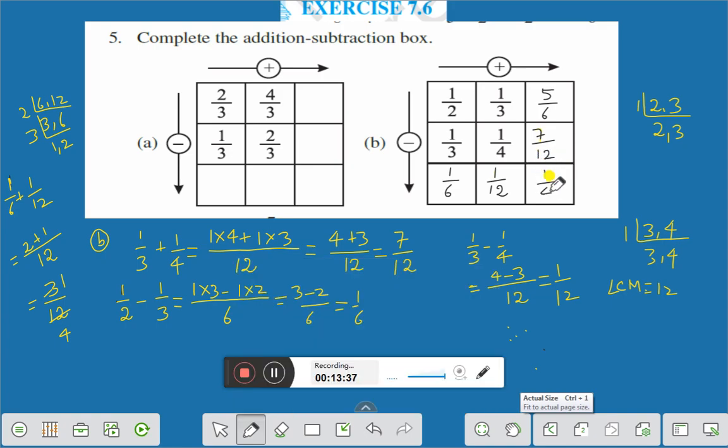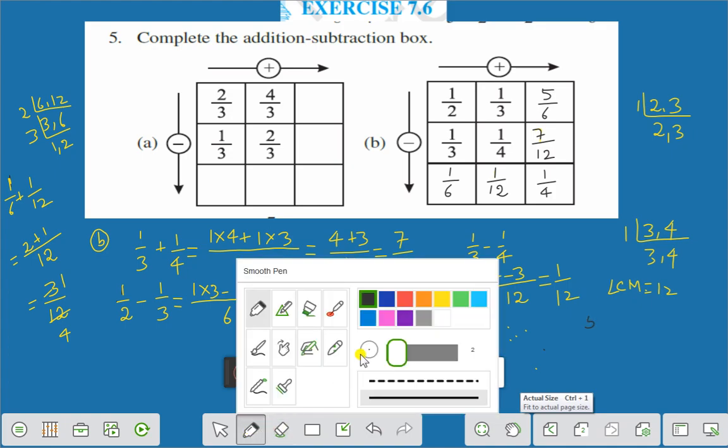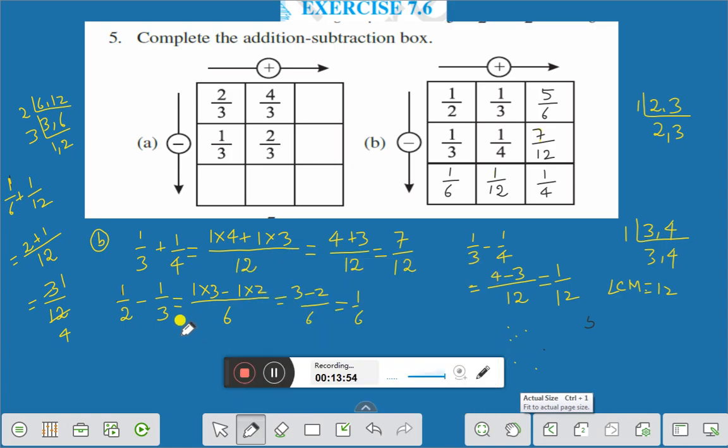Now, in this direction, 5 by 6 minus 7 by 12, let's find what we are getting. Here we are doing the problem 5 by 6 minus 7 by 12.